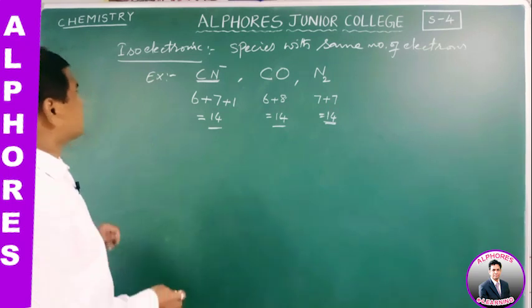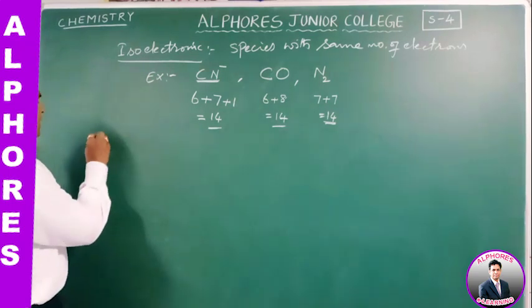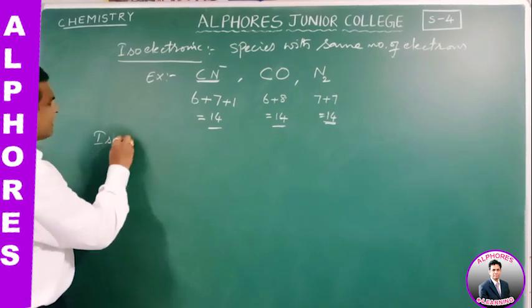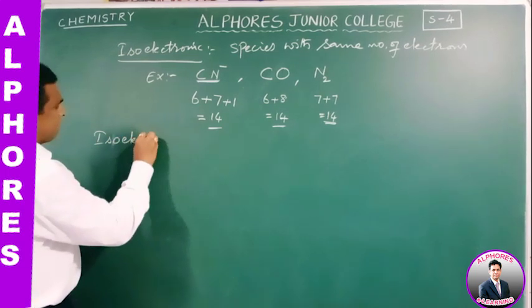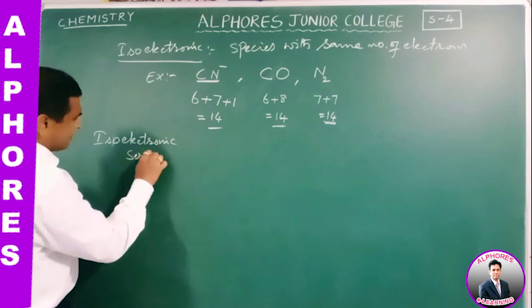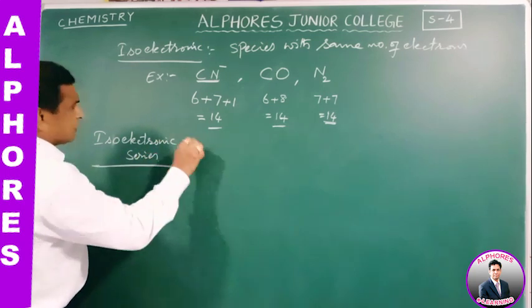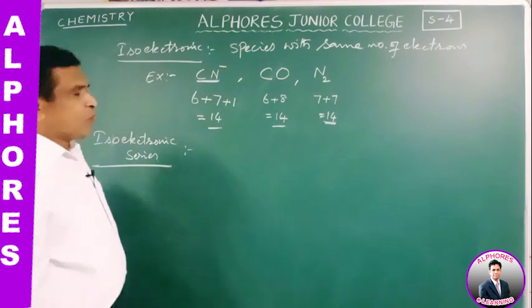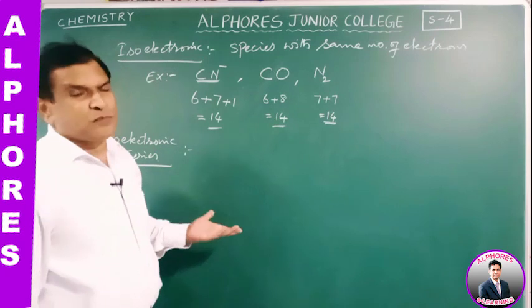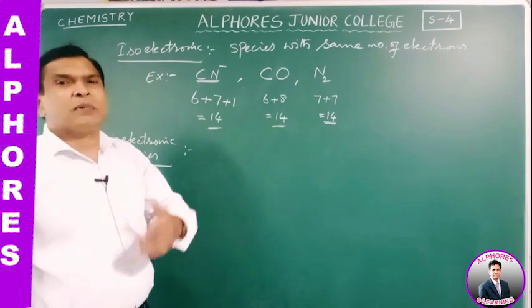Now let us take the isoelectronic series. It is the series of elements, that means ions or atoms, possessing the same number of electrons.